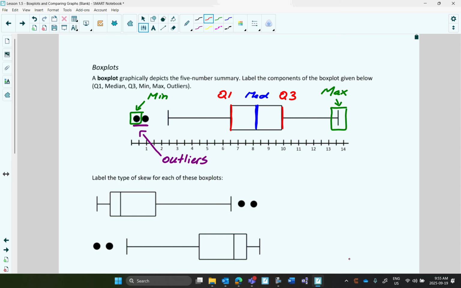So you can see that it appears that, I don't know, 0.4 and 0.8 or 0.9 in this are outliers. 0.4 is also the minimum. Q1 looks like it's about 6.5. Median looks like it's about 8.2. Q3 looks like it's a little under 10, so maybe 9.9. And the maximum, a little over 13.5, 13.6 or 13.7.